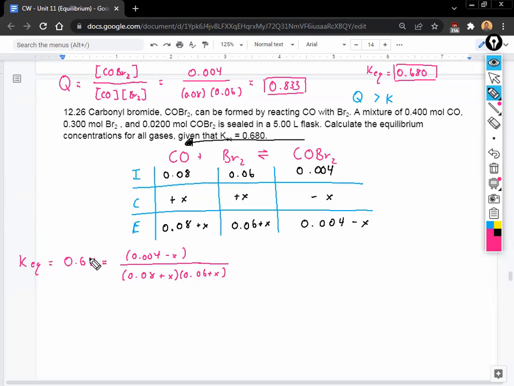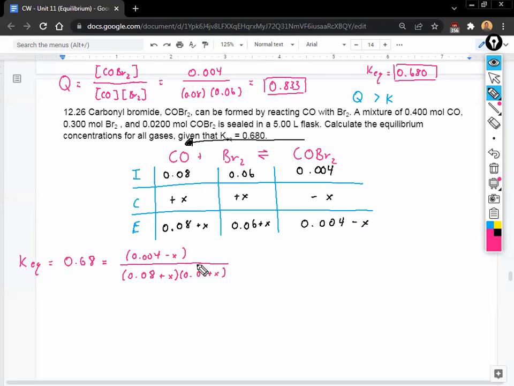Now, this problem is a pain in the butt because we can't do that useful trick we used last time with just finding the square root. We have to distribute the denominator, and if we distribute the denominator, we are going to get a horrendous quadratic.